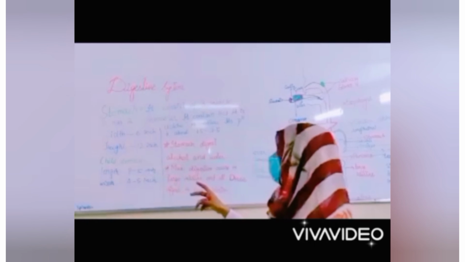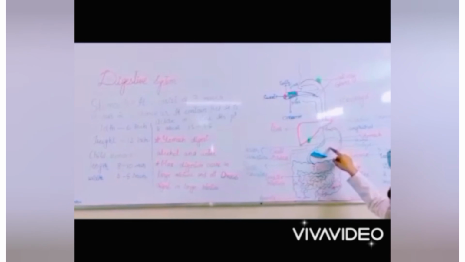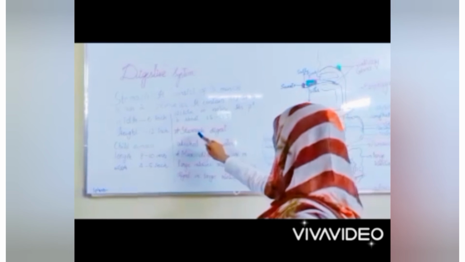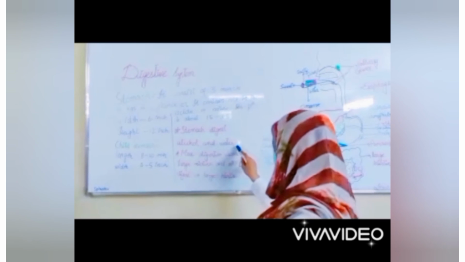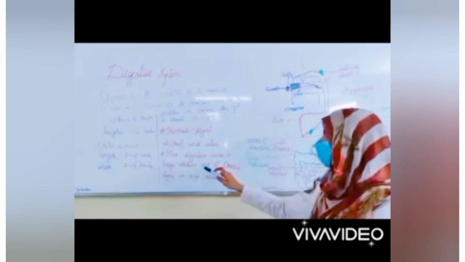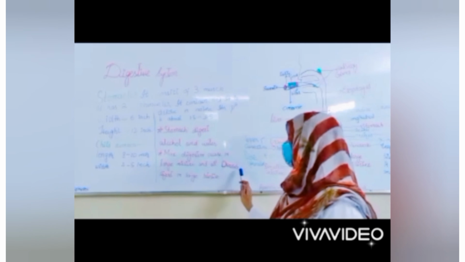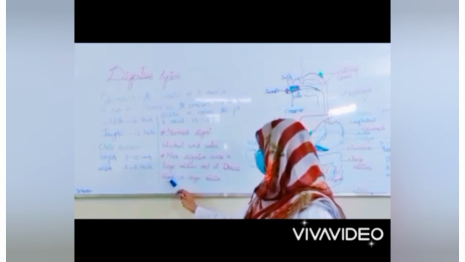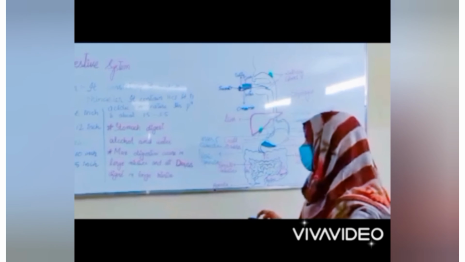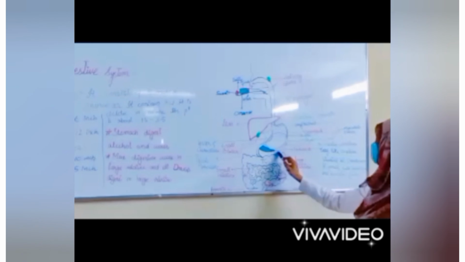In a child's stomach, length is 8 to 10 inches, width 4 to 5 inches. The stomach digests alcohol and water. Maximum digestion occurs in the large intestine, and all drugs digest in the large intestine.